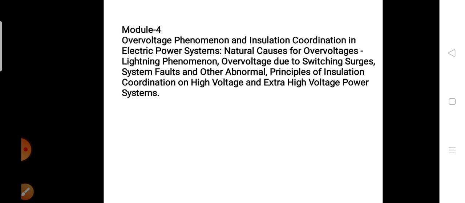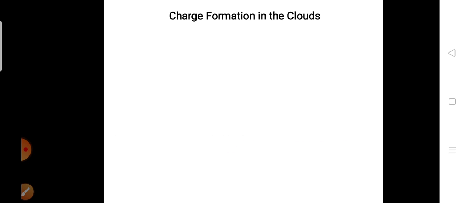So we'll one by one see the various phenomena suggested by various researchers and theorists. First we'll see the charge formation in the clouds.